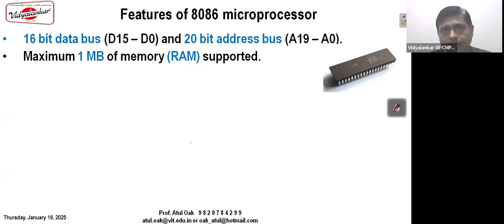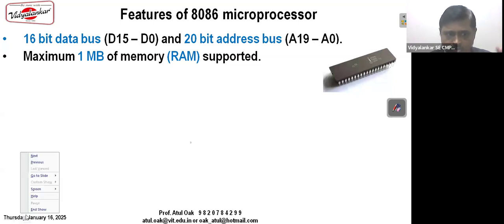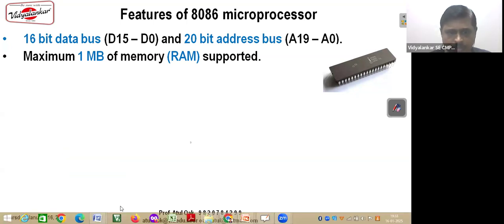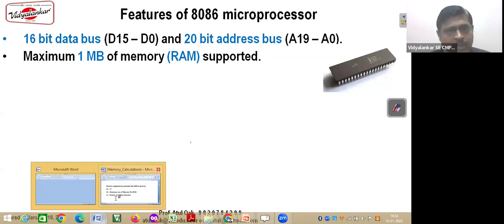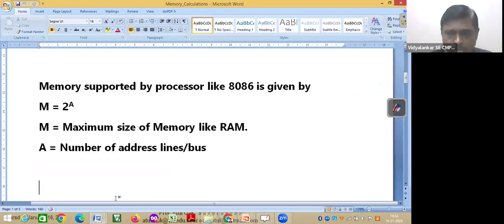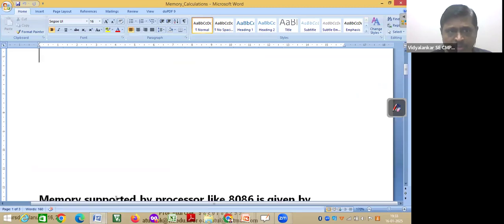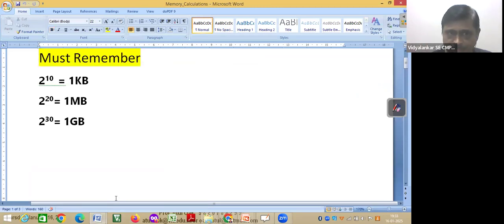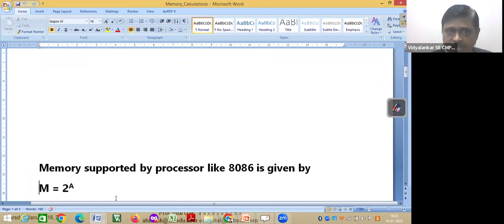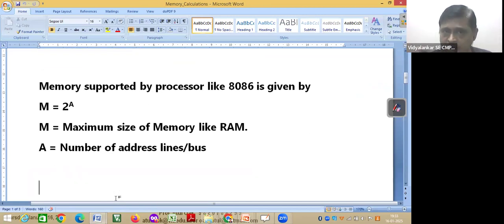Okay, let's continue with the calculations. So you will understand better. I'm moving back to Word. Okay, here we are. So I hope you must have noted these three values, and you must have noted this simple formula M equal to 2 raised to A. This we need in memory interfacing.